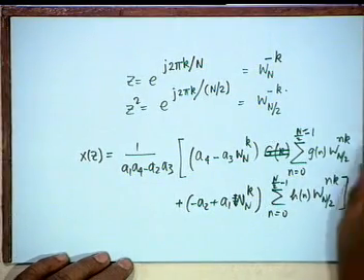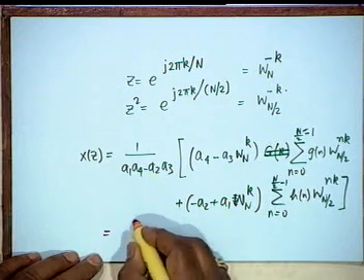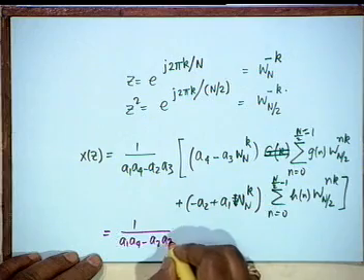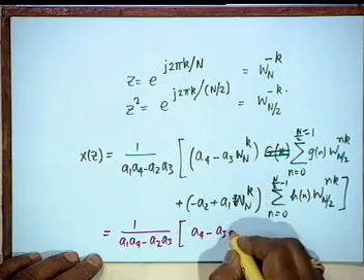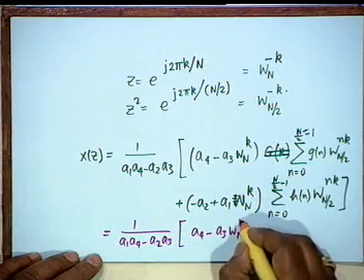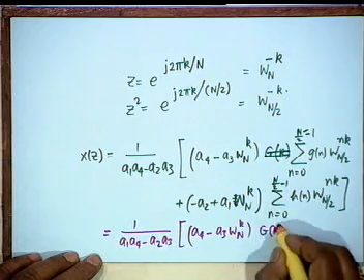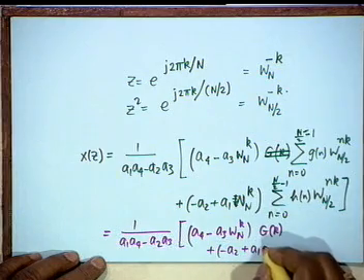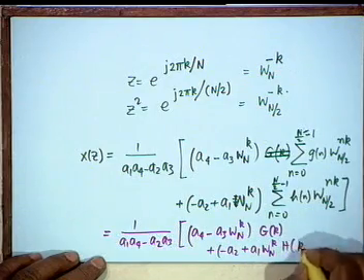And it is obvious that X of z, let me write it here, 1 by A1 A4 minus A2 A3, A4 minus A3 W n raised to the k G k plus minus A2 plus A1 W n raised to the k H k.